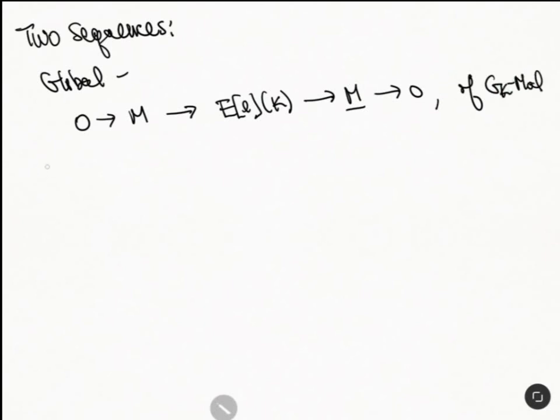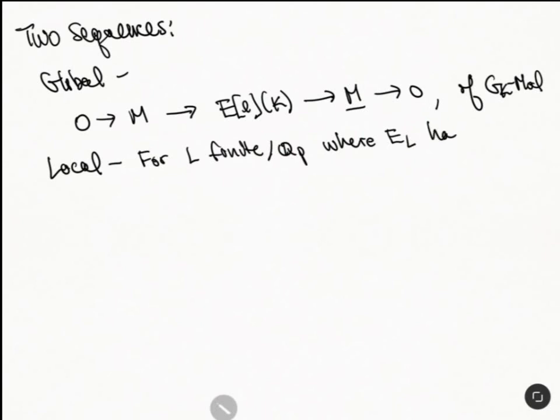And then we had the local sequence, and this is for L a finite extension of Q P, where E L, so this could be another elliptic curve, but let's say it's the same thing, has split multiplicative reduction.